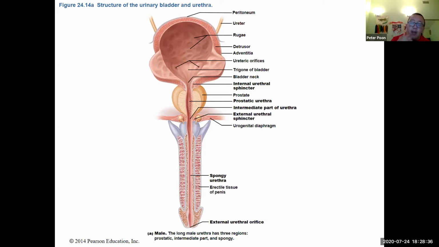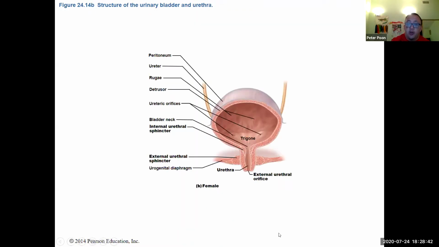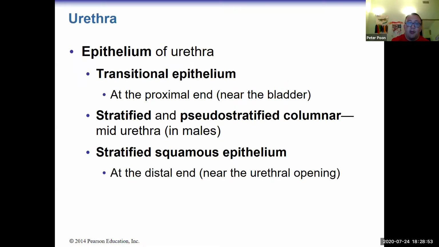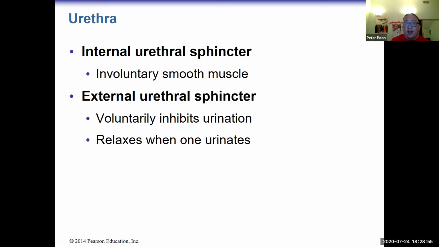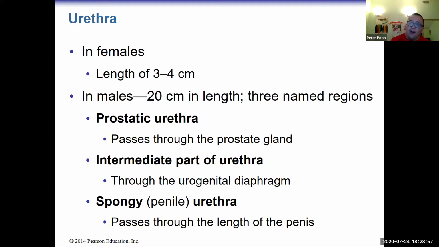Males have a much longer urethra, and females have a shorter urethra. That leads females to get more UTIs because one, it's shorter, and two, the female urethra is literally closer to the anus, and therefore it's easier to get contamination there than in the male urethra.